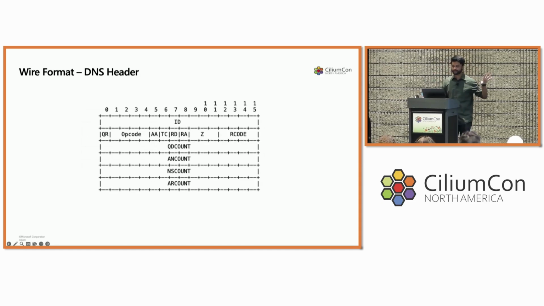This is the header exploded a little bit. There are a few things that are important here. We'll talk about the TC bit, which stands for truncation. We'll talk about the QD count, which is the number of questions in the DNS message. And we'll talk about the AN count, which is the number of answers in your DNS response. Those are just the relevant bits in the DNS header.